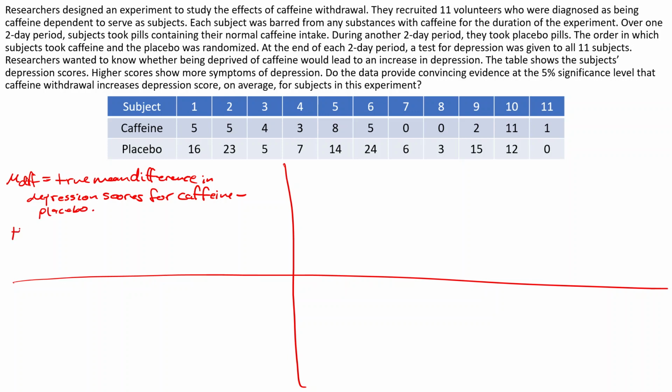Our null hypothesis is that the mean difference is 0, that the caffeine will make no difference. Our alternative hypothesis is that there is a difference, so that's going to be greater than 0.